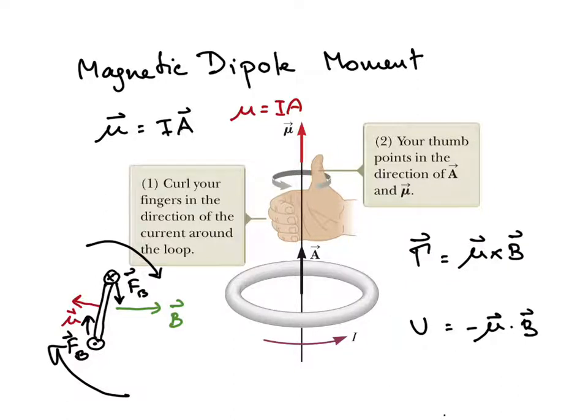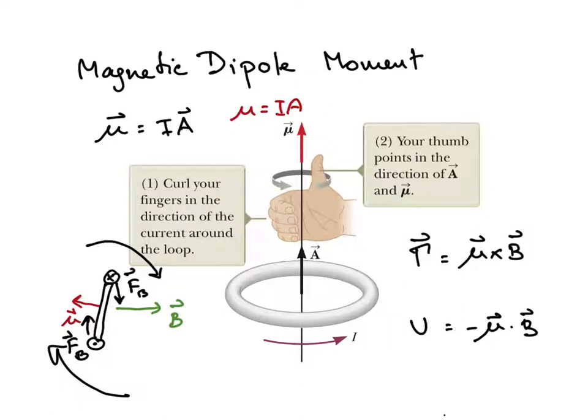So if we let the loop rotate freely, it will rotate in this clockwise direction. So the state of the loop here is at a higher potential, and it tries to change the configuration to the lower potential. Okay.